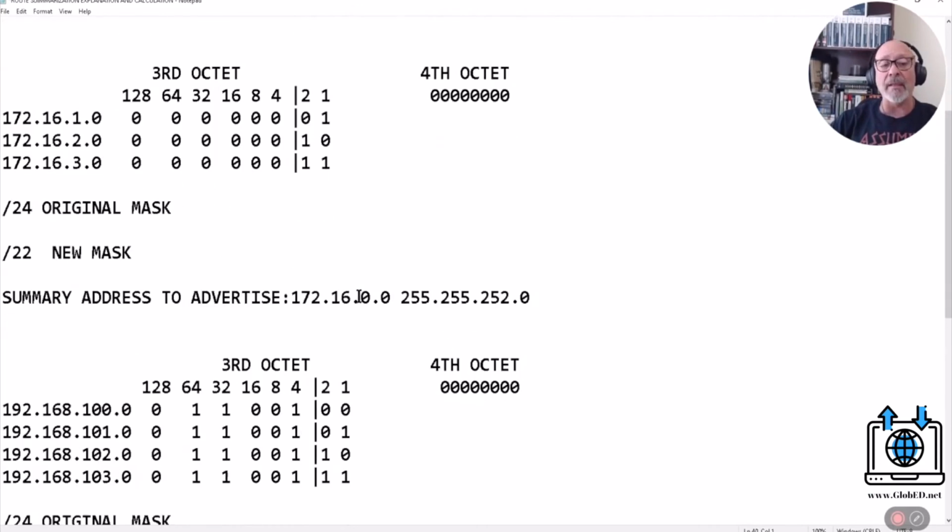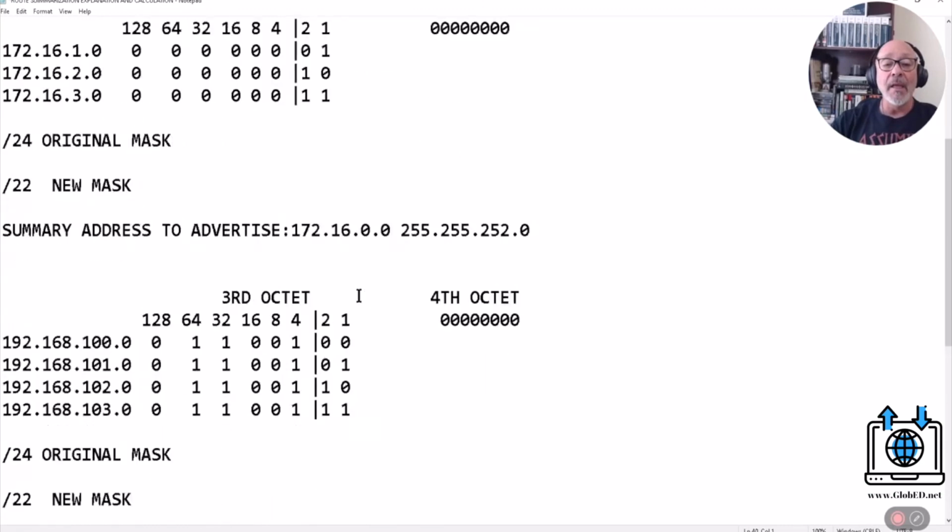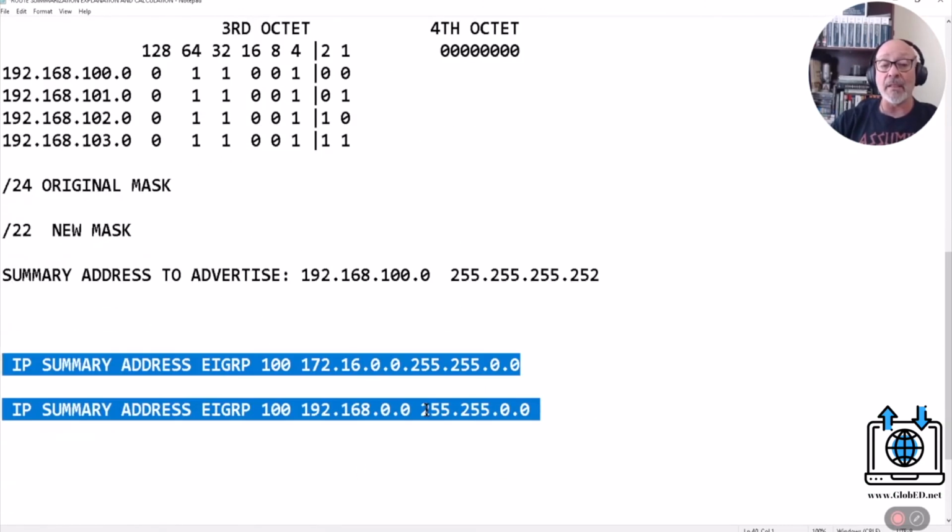You learn this method, you can take this wherever you want to go with whatever you want to do in IPv4, and you'll be just fine. Just fine. And especially for certification purposes, because they ask you to summarize networks, or hey, based on this network, what is the range and stuff like that. But for real world situations, if you do this, then you're asking for trouble. Down here, what's highlighted, you're asking for trouble.